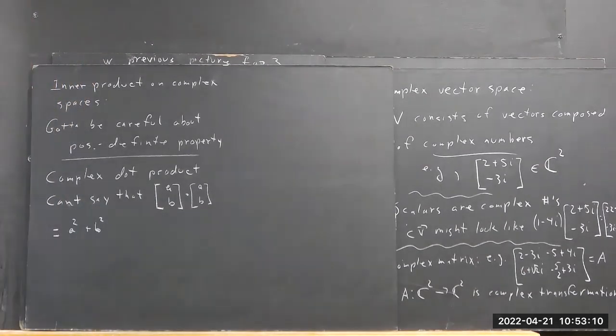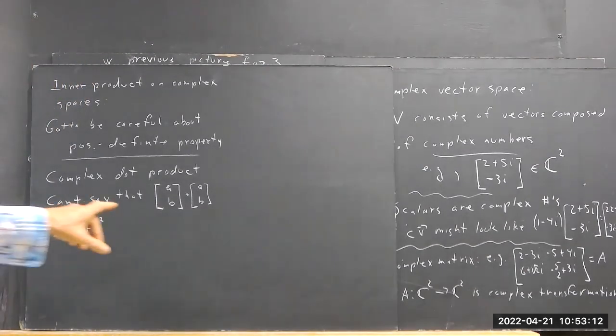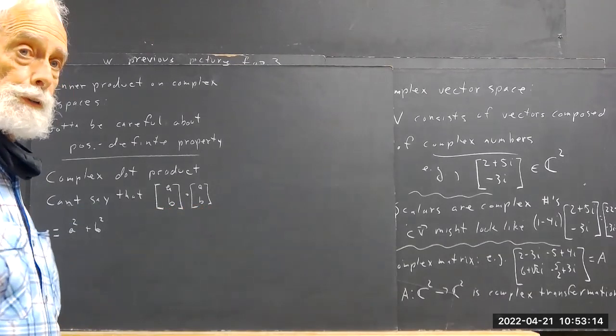You can't say that (a, b) dot (a, b) is a squared plus b squared.